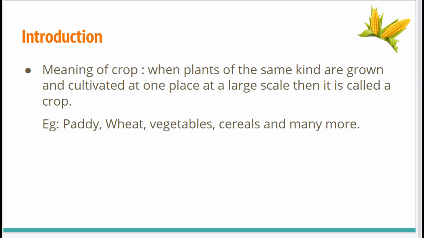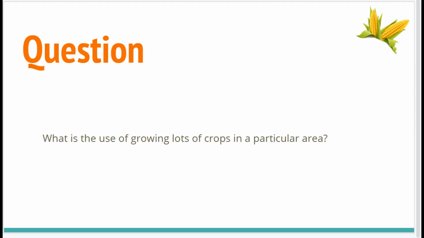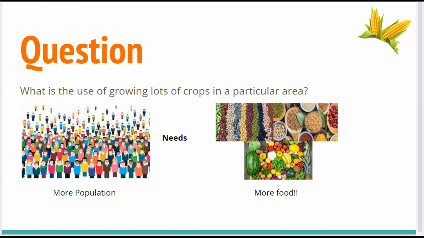So here comes a question, what is the use of growing lots and lots of crops in a particular area? The answer to the question is, in our world there is an increase in population. To meet the needs of this increasing population, we need to grow plants in huge amounts so that we can get a plentiful amount of crops and their products.